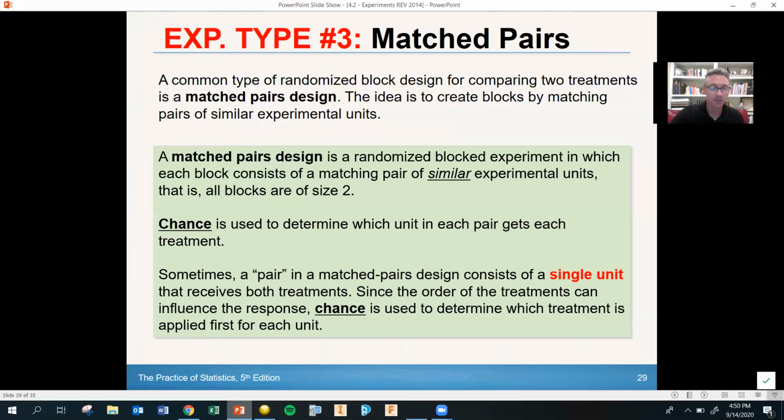And you'll see what that means when we do the experiment. But either way, you have to randomly decide, if you have 2 similar people, who gets which treatment. And if you have a single person that is the block, then you have to randomly decide which treatment they get first, because the order you do the treatment in could affect whatever you're measuring.